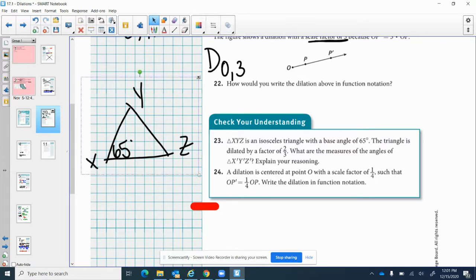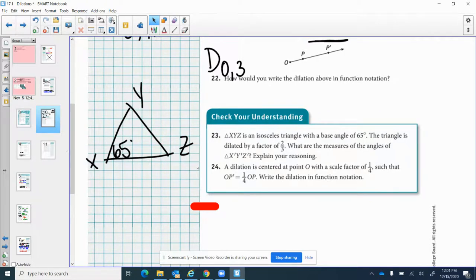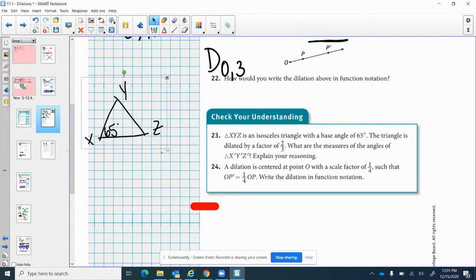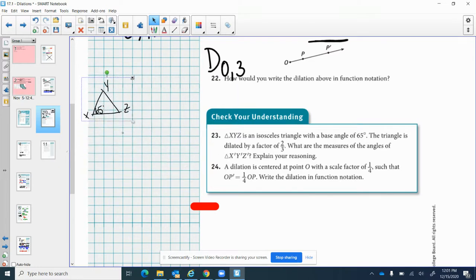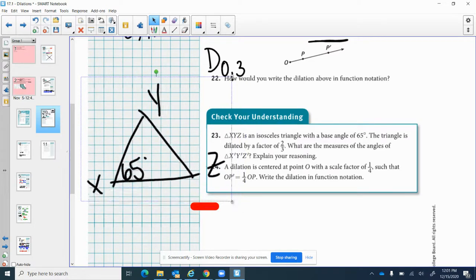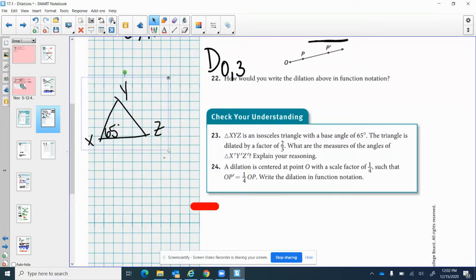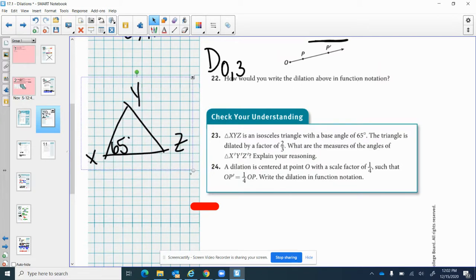Well, when we are dilating a triangle or any shape, notice just because we're changing the side lengths, if we're shrinking it, if we're enlarging it, that angle is actually going to stay 65 degrees throughout the whole thing. So the measures of the angles are the same in number 23.